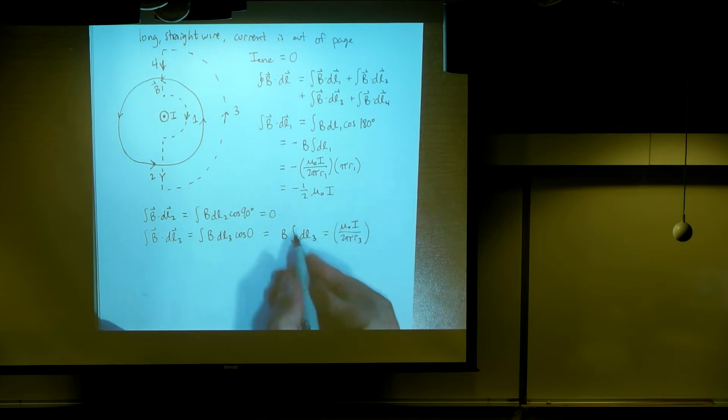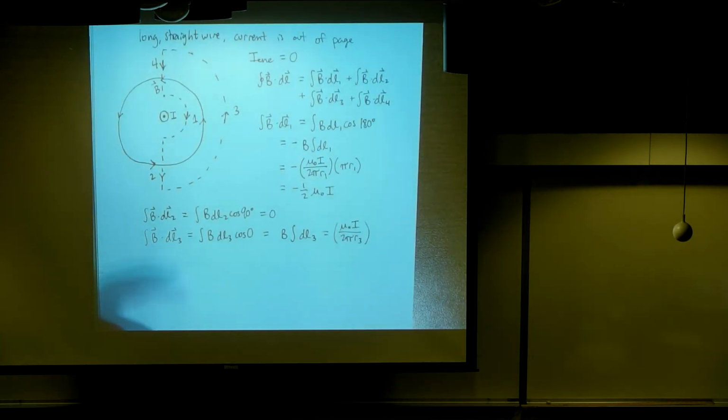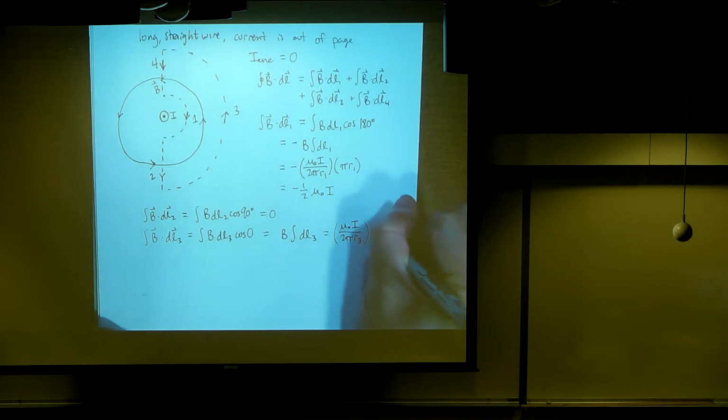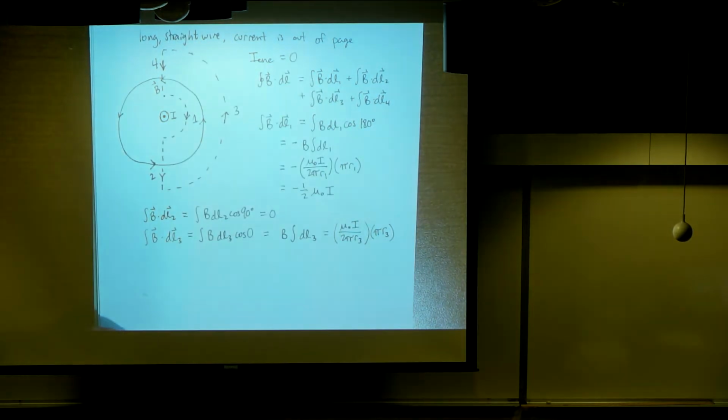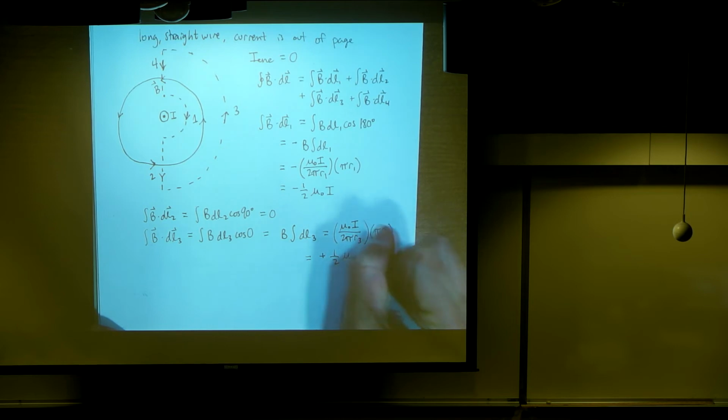And then for the integral of dL, that's the total length of that path, and that's half a circle once again, right? Half a circle is pi times r, and in particular, we're talking about this radius 3, okay? So just like before, pi r factors cancel. This one gives you positive 1/2 mu naught times I.